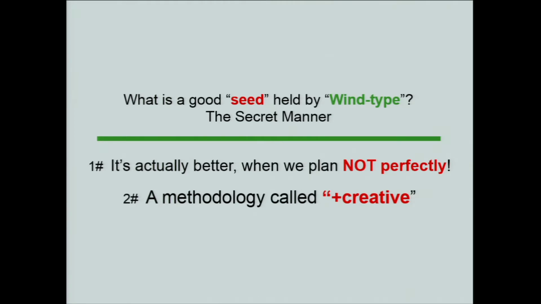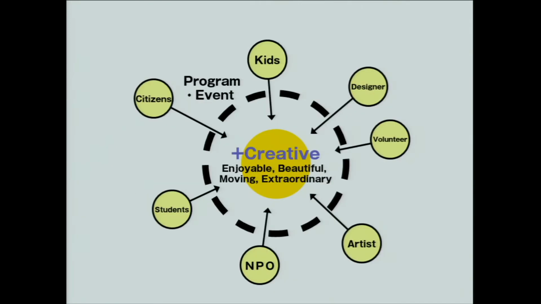There are two keywords I can cite. One of them is that it's actually better when we plan not perfectly. Imperfection, meaning we need room for improvement. That's the first point. And the second point is a methodology called plus creative, to add something attractive.